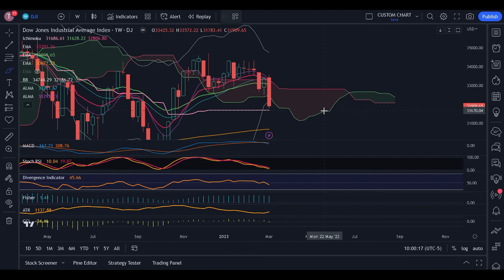But there is one more very important thing we must consider on the weekly chart of the Dow Jones.